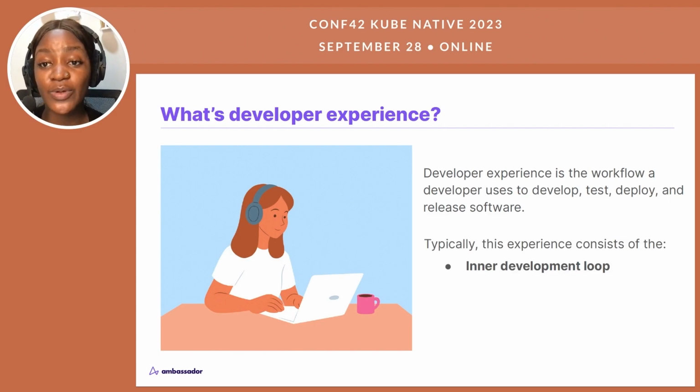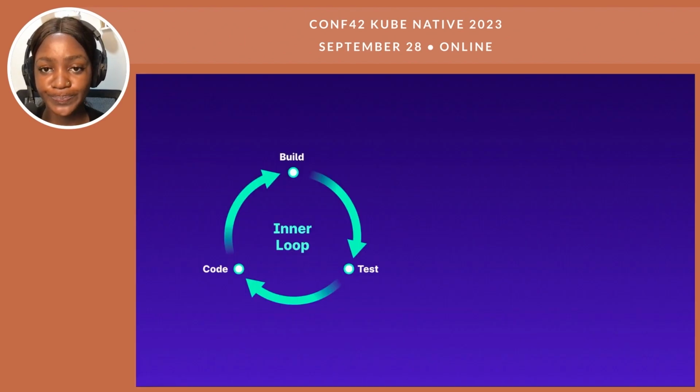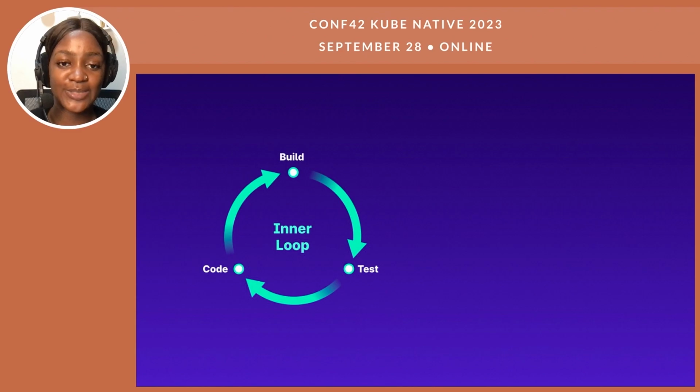This developer experience consists of two types: the inner development loop and the outer development loop. The inner development loop is where the developer does the build, push, test cycle, where they're writing the code, building to confirm that the code works as expected, and then of course testing it to finalize that confirmation.